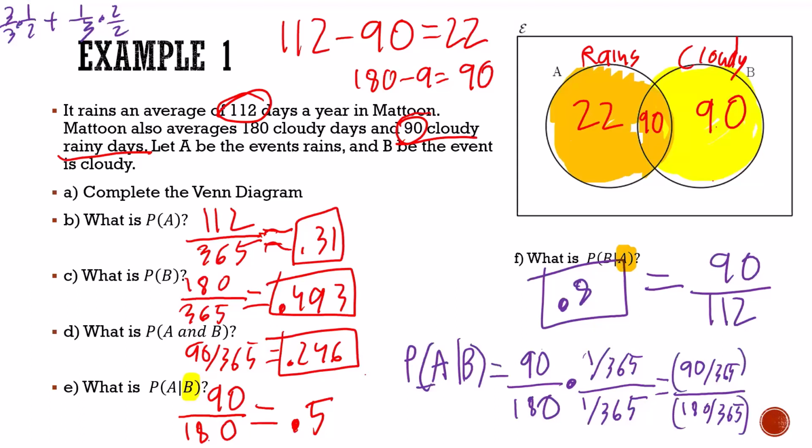Now, I'm not trying to get a common denominator because here I'm not trying to solve something like that. I'm trying to create a formula, right? Notice 90/365 is the probability of what?